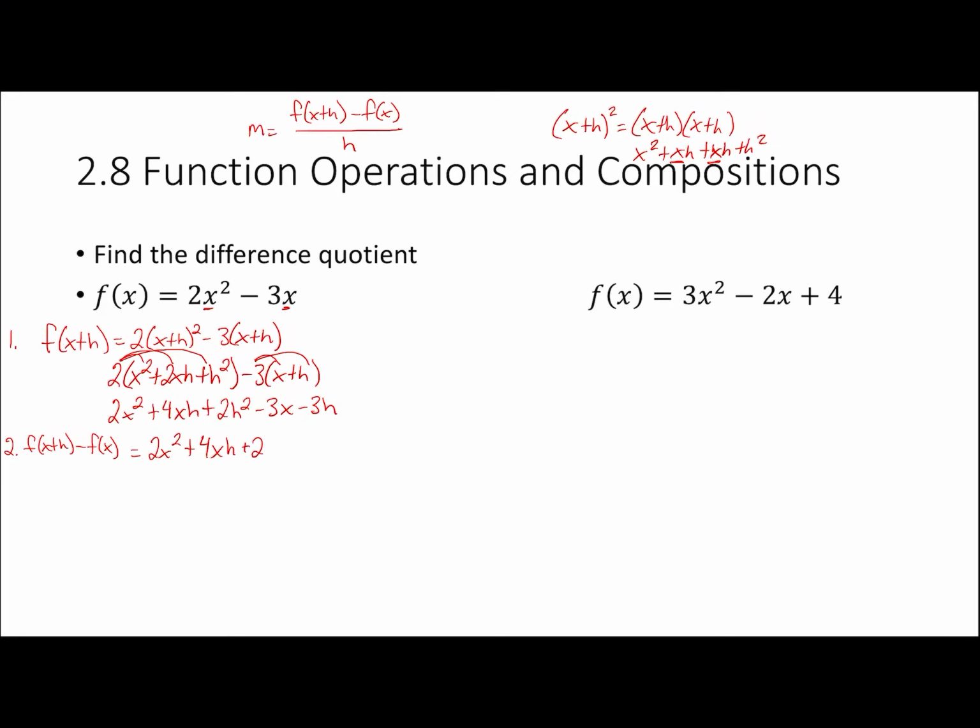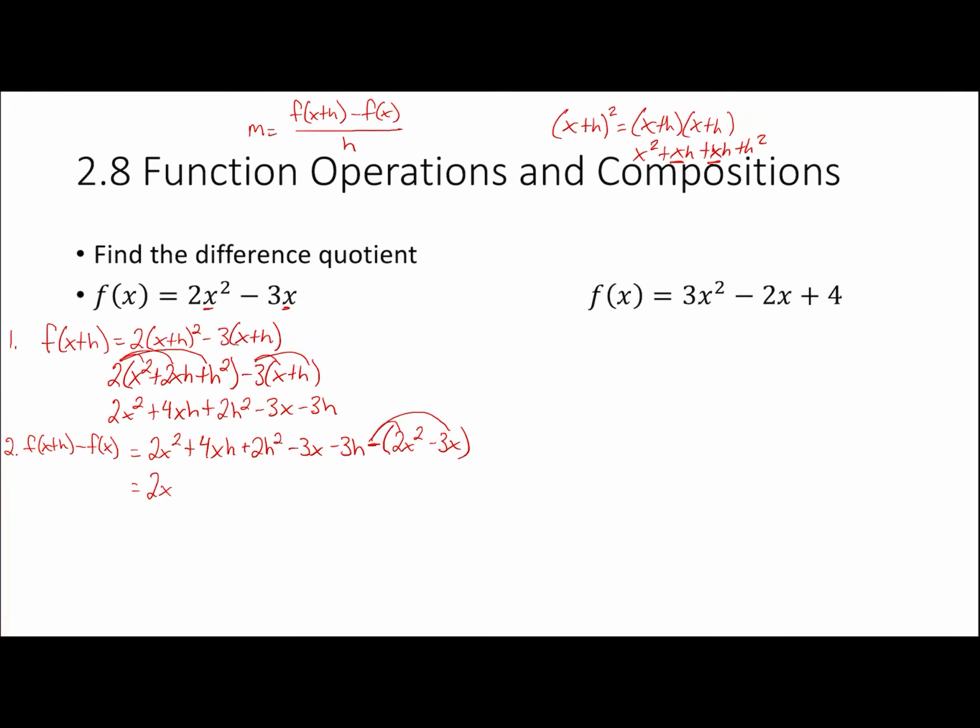So, we're going to take all this stuff that we just had, this 2x squared plus 4xh plus 2h squared minus 3x minus 3h, and we're going to subtract from that the original function, f of x, which in this case is 2x squared minus 3x. Now you need to make sure that you keep the 2x squared minus 3x in parentheses, because this negative here applies to both of those.